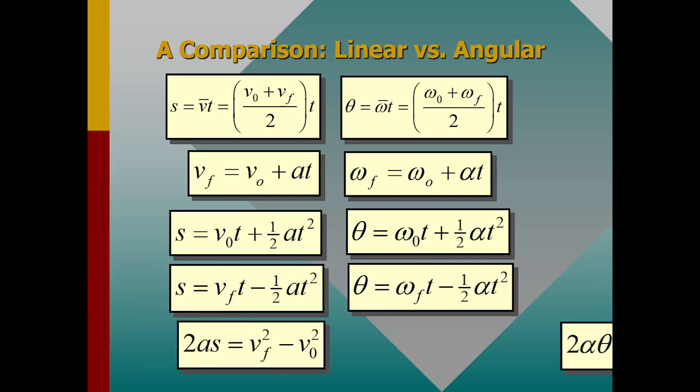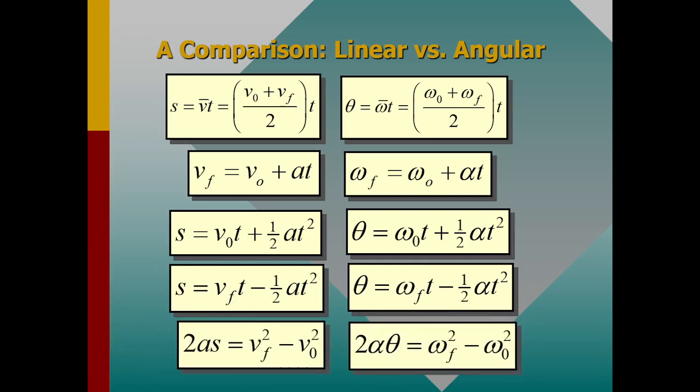Same explanation, and the last one is still the same. So these are the 5 equations in linear motion which I taught, and these are the comparisons, how they are related; they just exist as the same things.